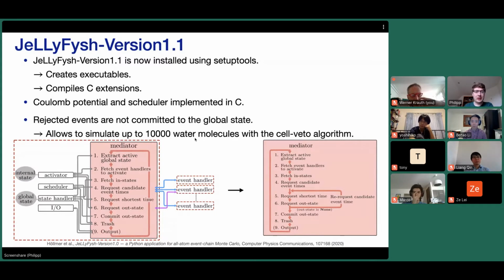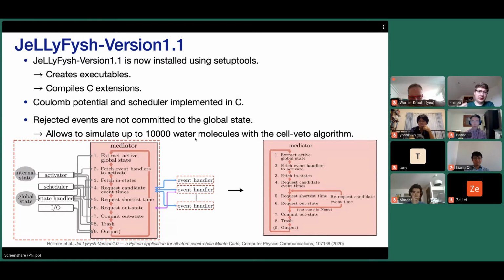And this is what allows for the first time to simulate up to 10,000 water molecules using the cell-veto algorithm. Before, in version 1.0, it was just not possible. I approximate the speedup to be like a factor of 10 to 15 or so, and it was just not feasible to do it before, and it's possible now. So that's good.